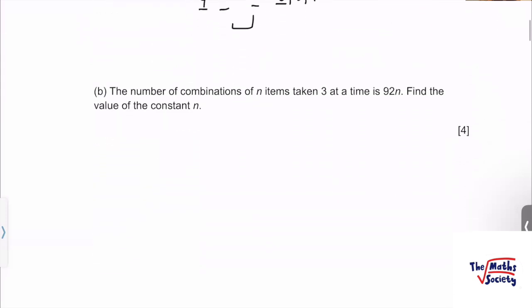And then for part B, it says that the number of combinations of n items taken 3 at a time is 92n. So it says combination. So nC3, n items taken 3 at a time, is equal to 92n. So we know that nC3 is n factorial, what do you call the exclamation mark, over (n minus 3) factorial multiplied by 3 factorial.